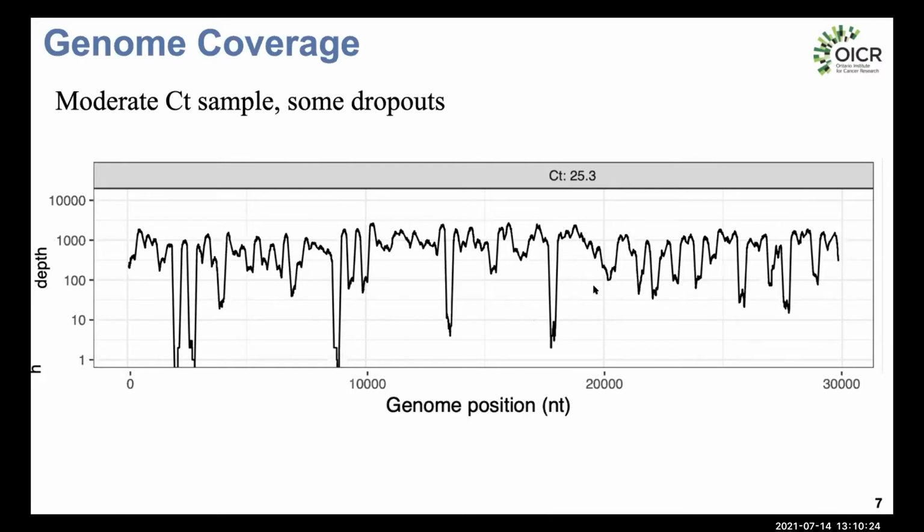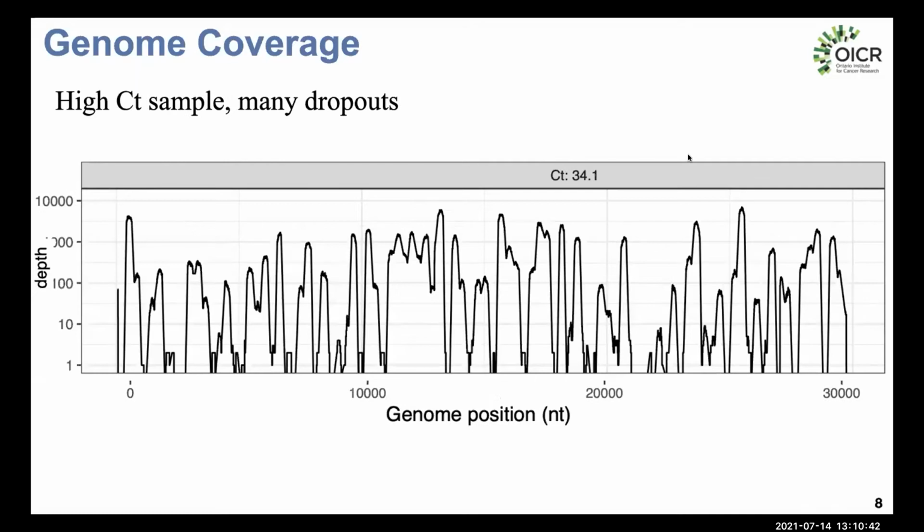So we definitely won't be able to recover a complete genome in this case, but we may be able to cover a genome that's complete enough to use in downstream analysis. And we want to be able to quantify exactly how much of the genome we've recovered, and we're going to come to that in just a minute.